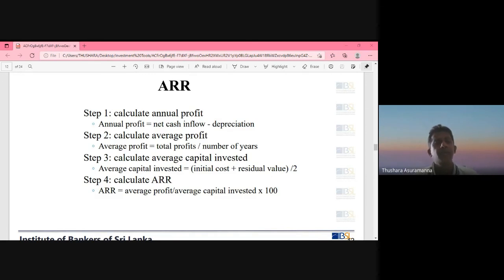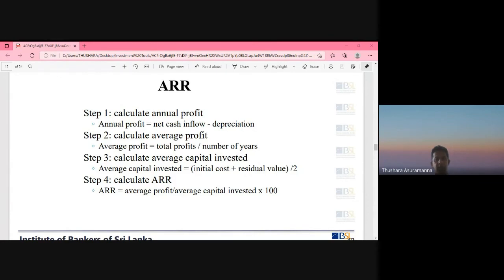Has everybody computed the profits for years 1, 2, 3, and 4 now? Any issue in computing profits? What is the total profit now, and what's the average profit?